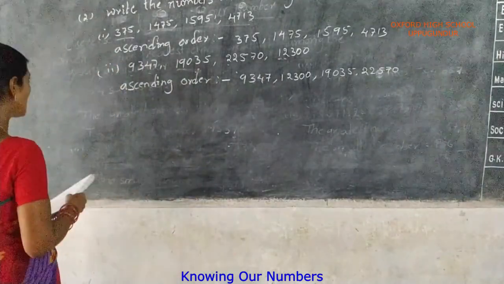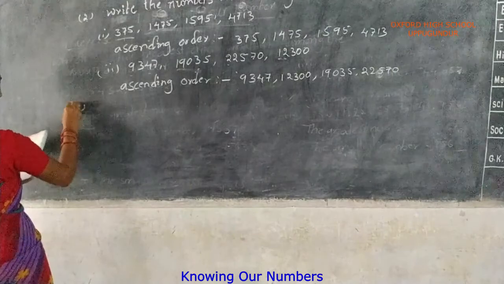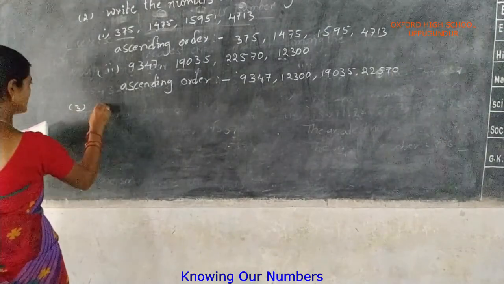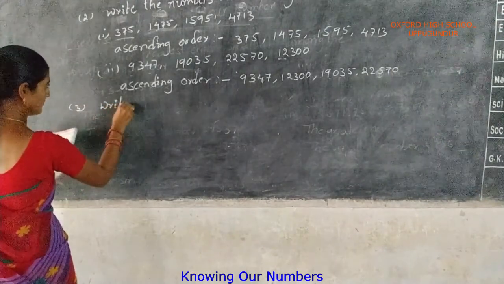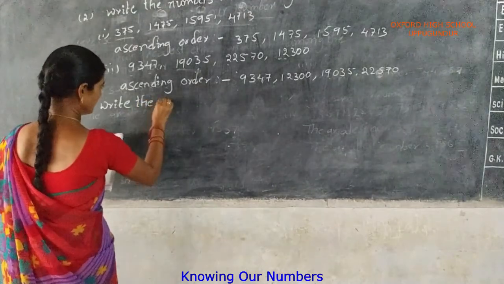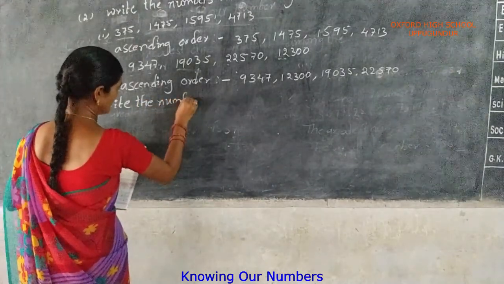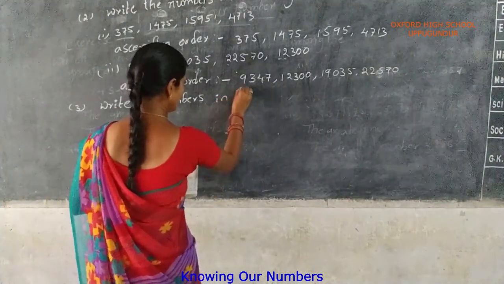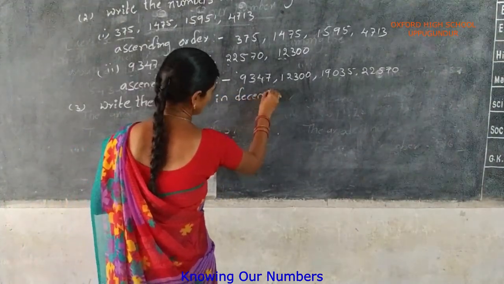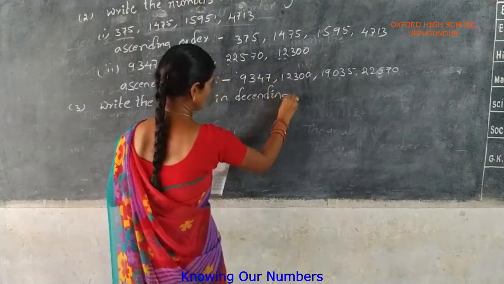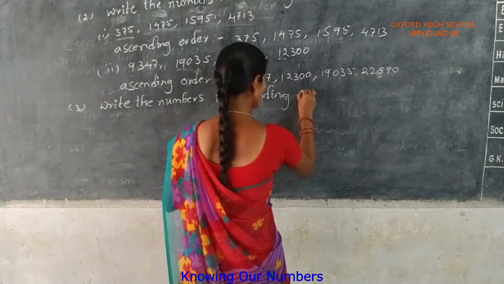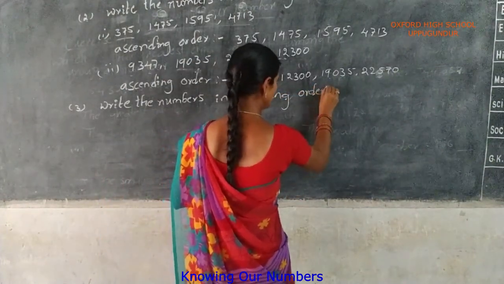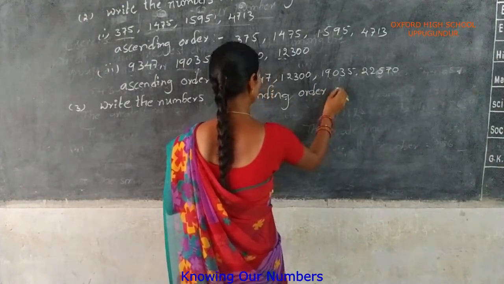Next one, third Roman. Write the numbers in descending order. Descending order means big to small.